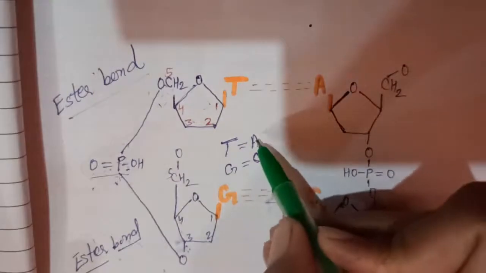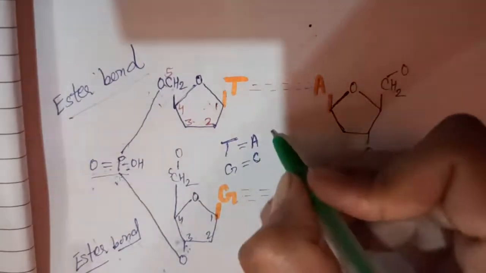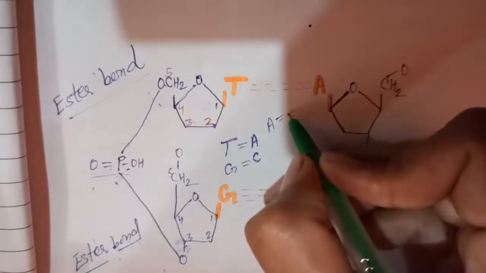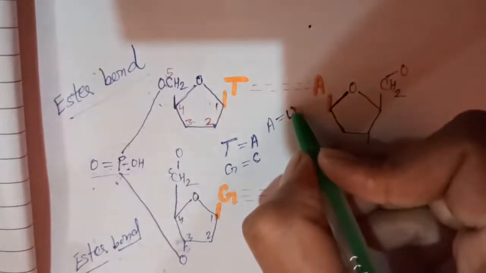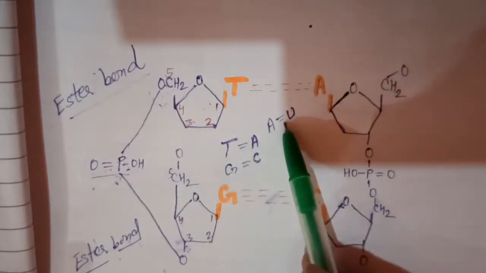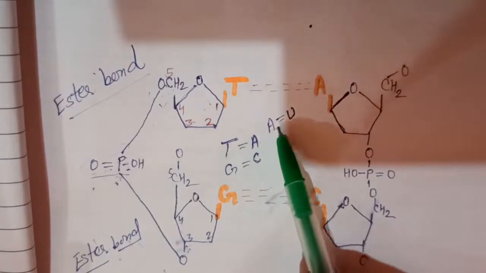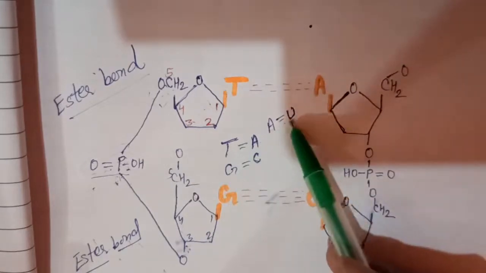And in case of RNA, adenine pairs with uracil, because in RNA I told you that in place of thymine, uracil is present, right? So there this adenine will get paired with uracil, right?